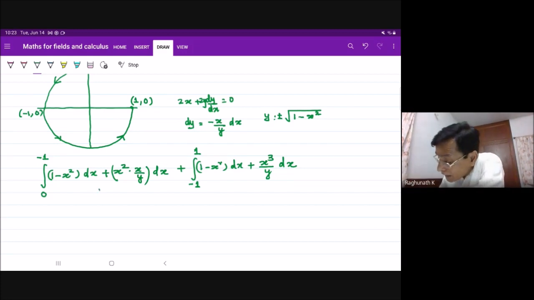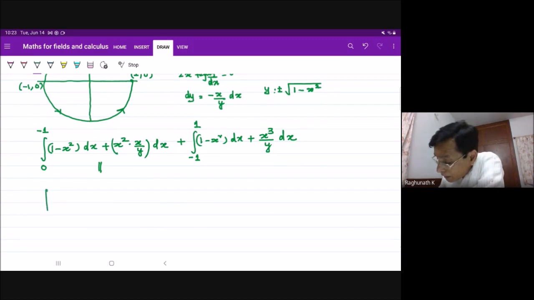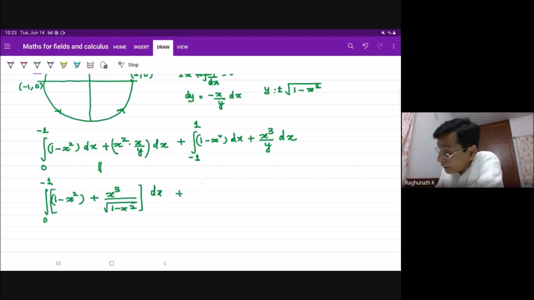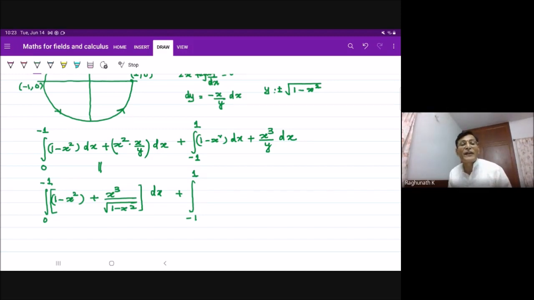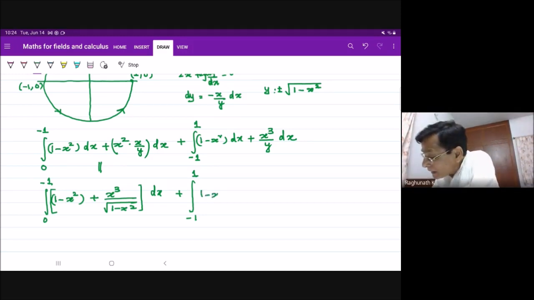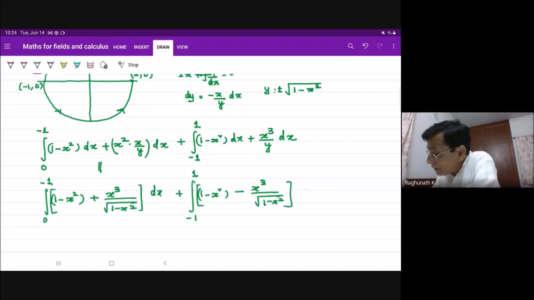So this basically comes down to integral 0 to minus 1 of 1 minus x squared plus x cubed by root of 1 minus x squared dx, plus, definitely from minus 1 to plus 1, which is where you are making it different, 1 minus x squared minus x cubed by root of 1 minus x squared dx.